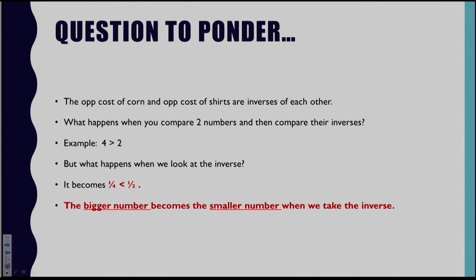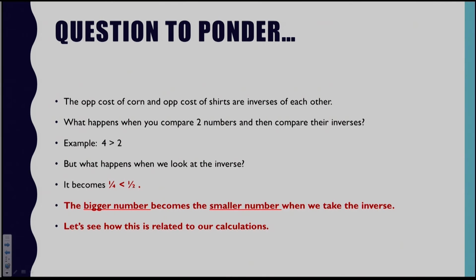All right. I know you can understand that, but you're probably thinking, okay, still have no clue where you're going with this, Dr. Marks. Give me one more second. All right, so at this point, I just want you to appreciate opportunity costs are inverses of each other. When we take the inverse, the bigger number becomes the smaller number. The smaller number becomes the bigger number.